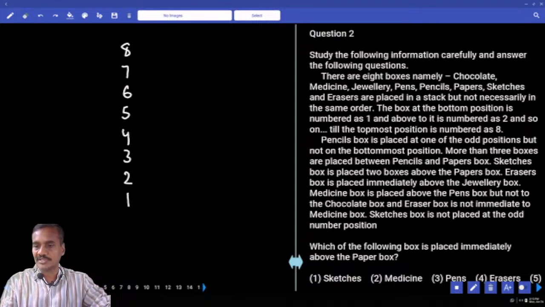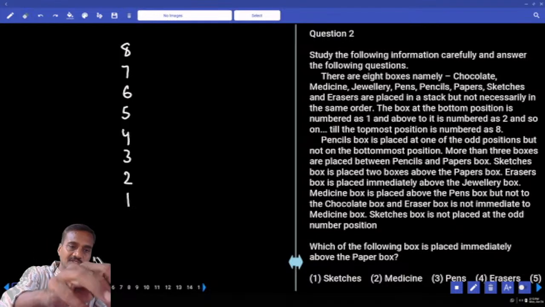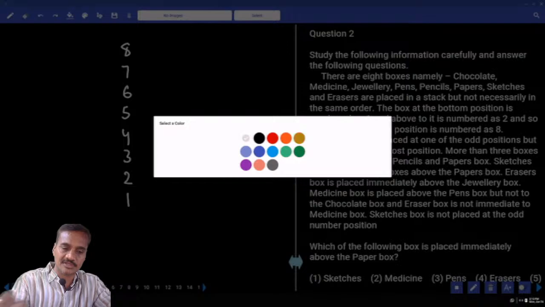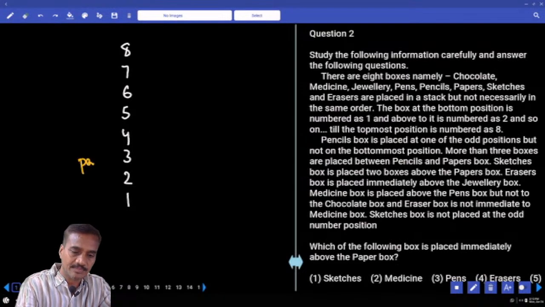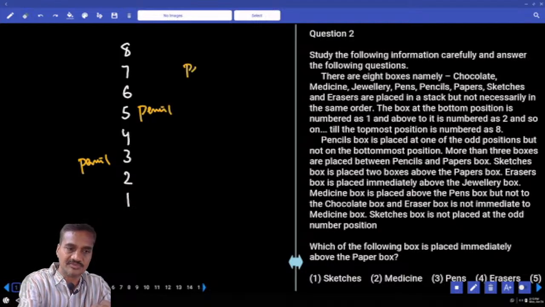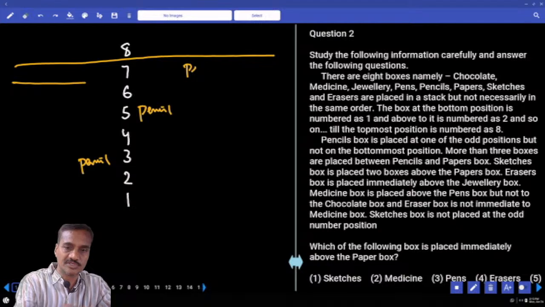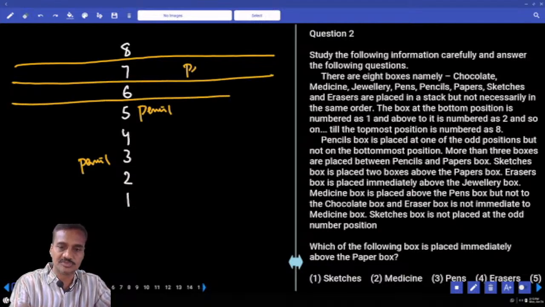Then pencil box is placed at one of the odd numbers but not at the bottom. So pencil can be at 3, 5 or 7. There are 3 different possibilities for this pencil.